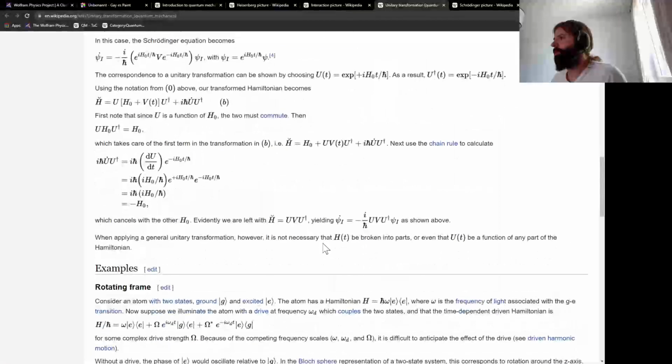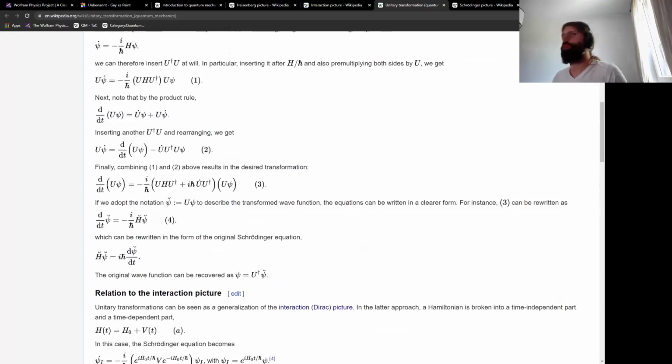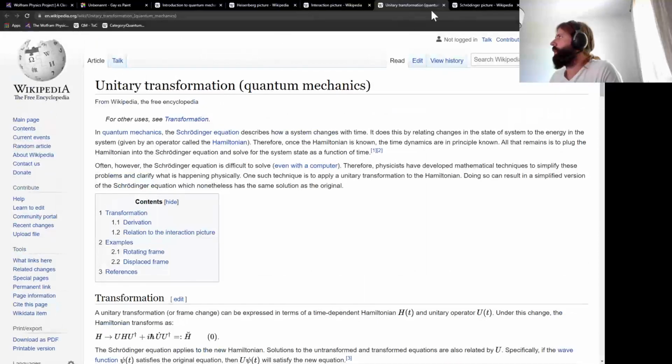So you change the frame, do the stuff, and then change it again. So you apply the unitary to simplify the Hamiltonian, then calculate what you're going to calculate, and then revert and change back the basis. That's just the basis change idea. That's what unitary transformation means.